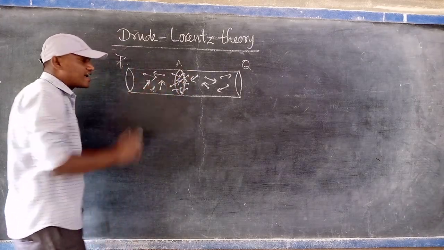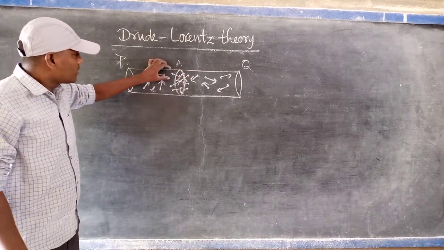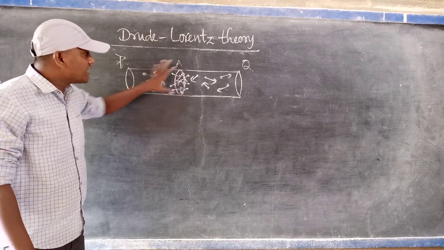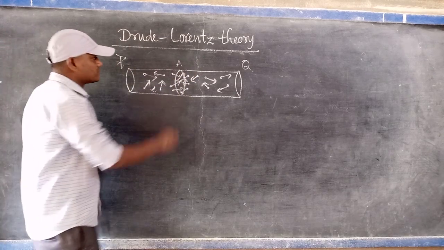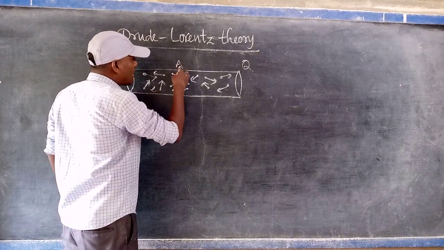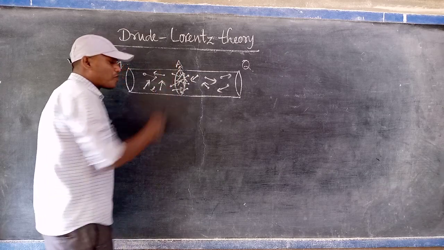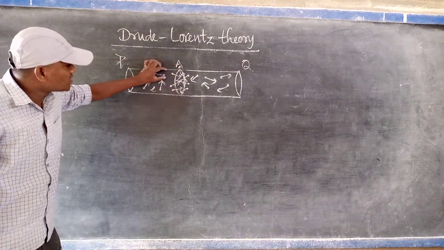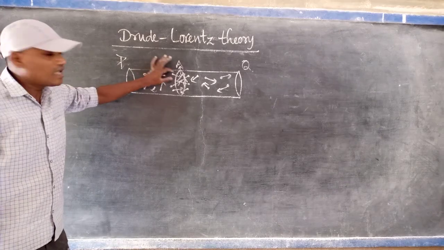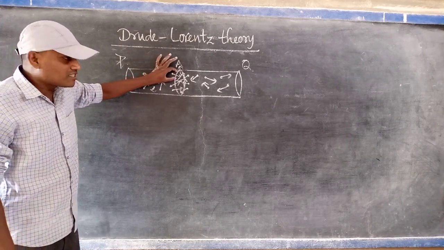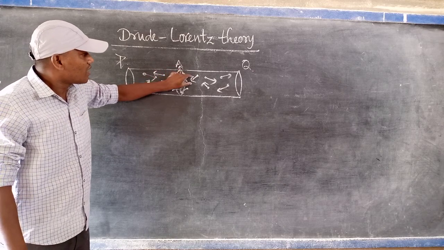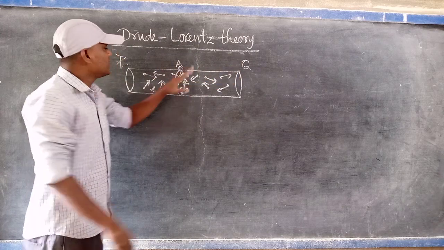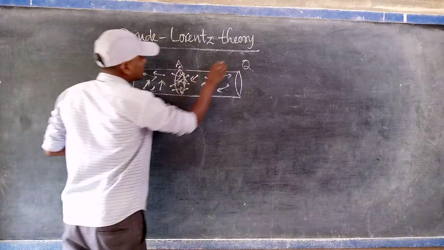So now we consider a unit area of cross section inside the conductor at a point. A represents the area of the cross section at this point. At this point, the number of electrons move from P to Q. P is the left side, and Q we can say is the right side.